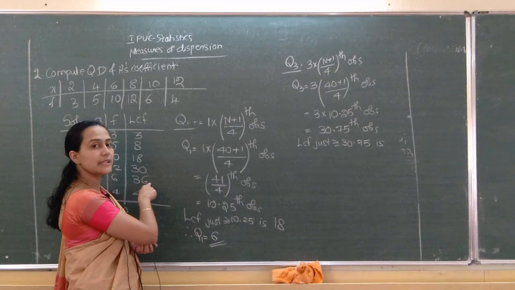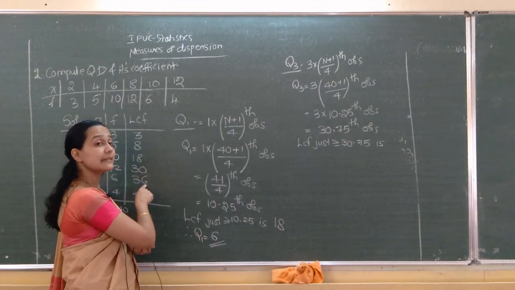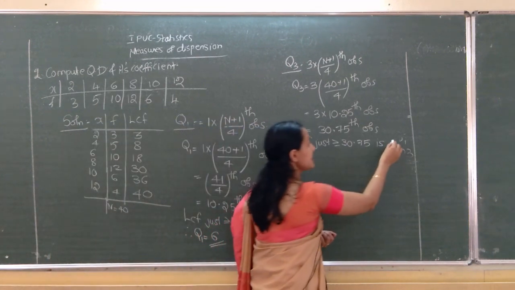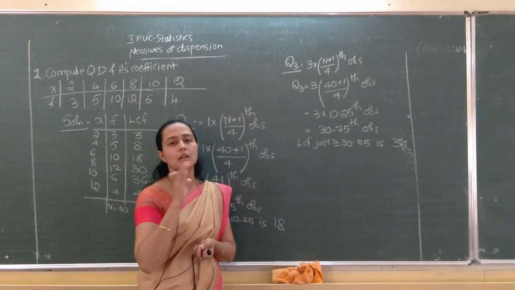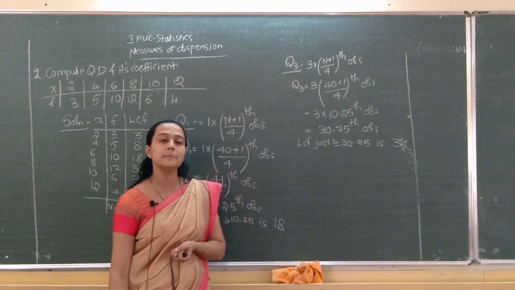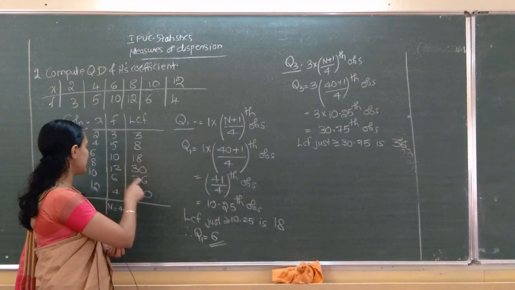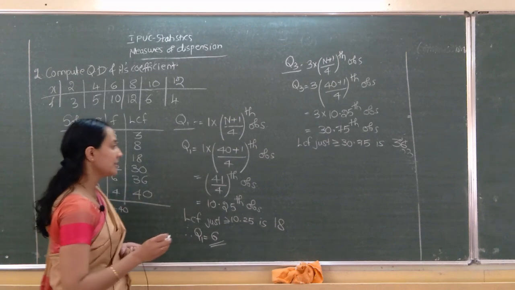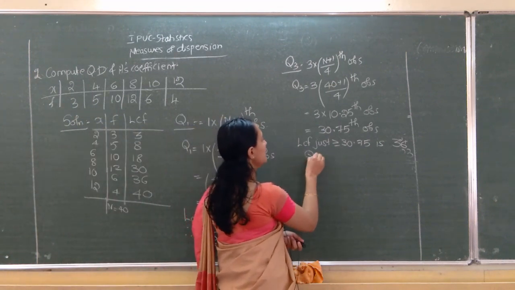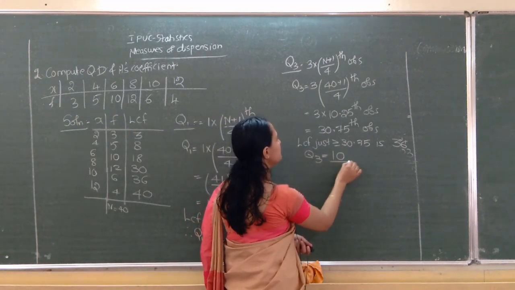So, we go for the next one, that is 36. 36 is not our Q3; we go to the x value corresponding to 36, which is 10, correct? So, Q3 equals 10.